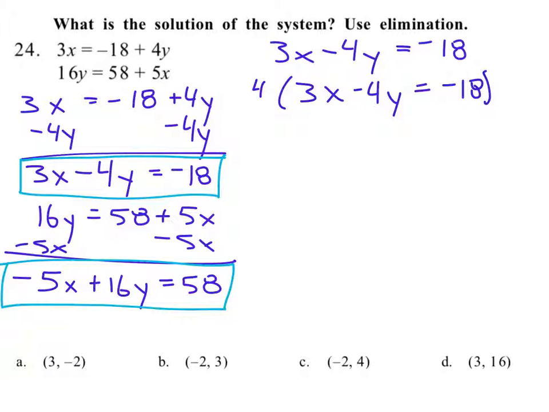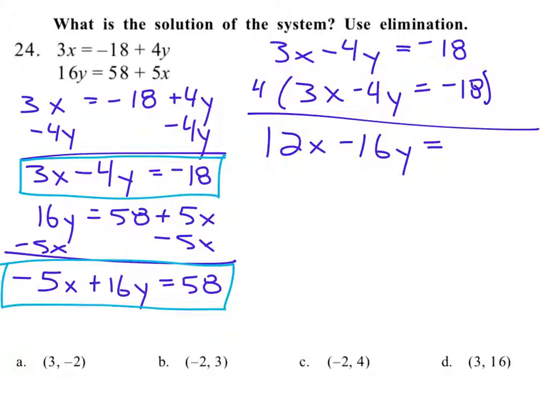And when we distribute that through, I'm going to draw a line here so that we have our fresh new equation here. 12x minus 16y equals negative 72. Okay? That is equivalent to this. And since that's true, let's pick a few colors to highlight this. That is the same as that equation just rewritten.